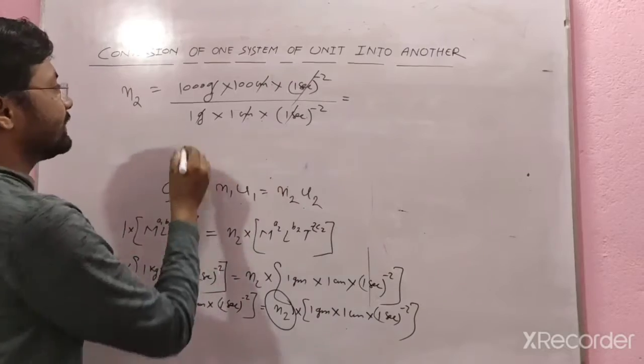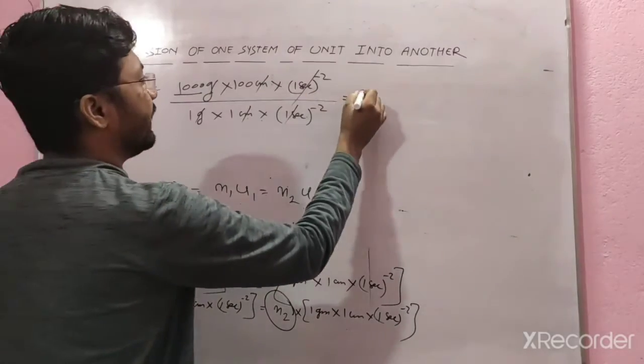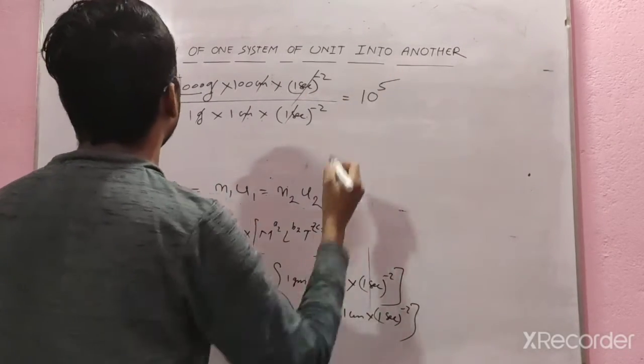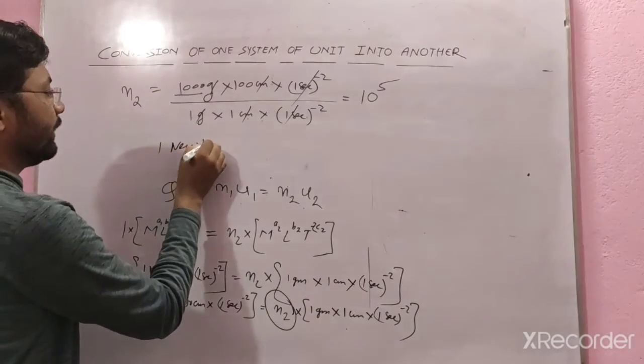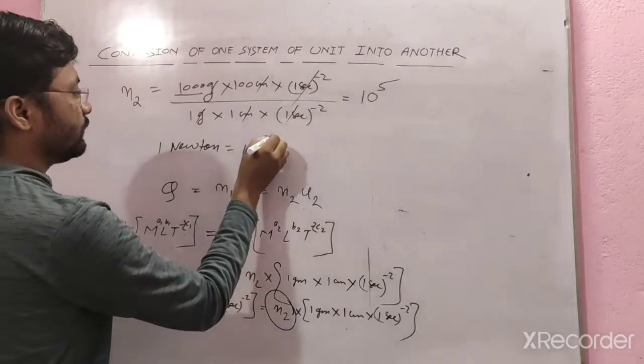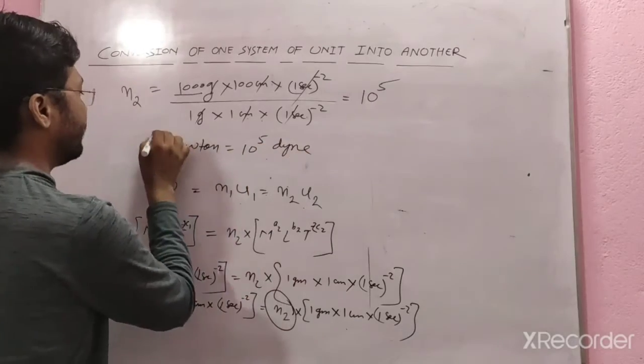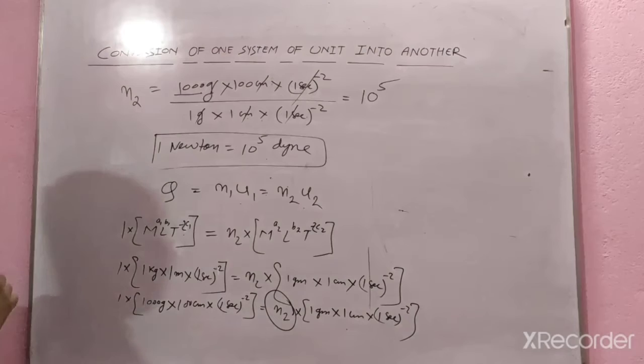Now these quantities are cancelled. 1000 into 100 means 10 to the power 5. So we can say that 1 Newton equals 10 to the power 5 dyne.